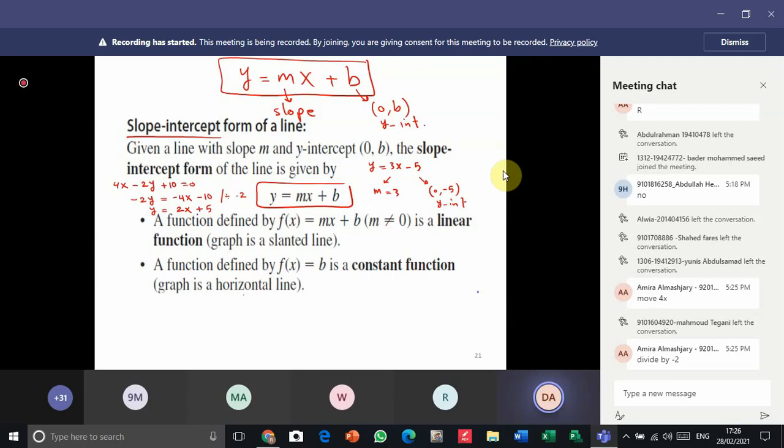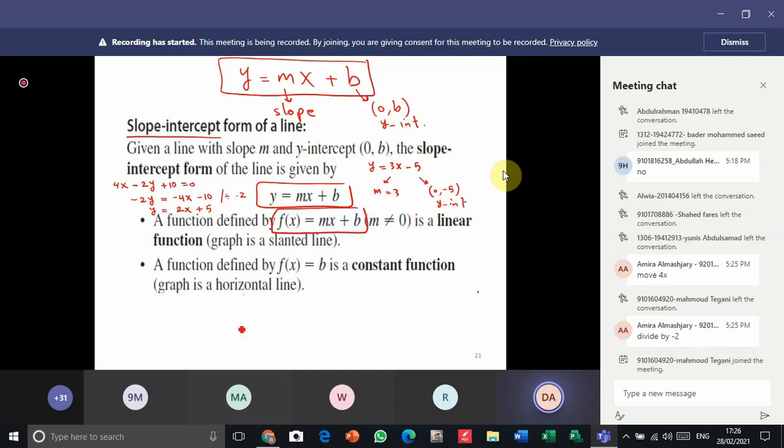Excellent, Amr. Now, also we have the line function, f of x equals mx plus b. This is a linear function. We used to call it a linear equation, and now we call it a linear function. We can find the slope from the coefficient of x, and we can find the y-intercept, which equals (0, b).